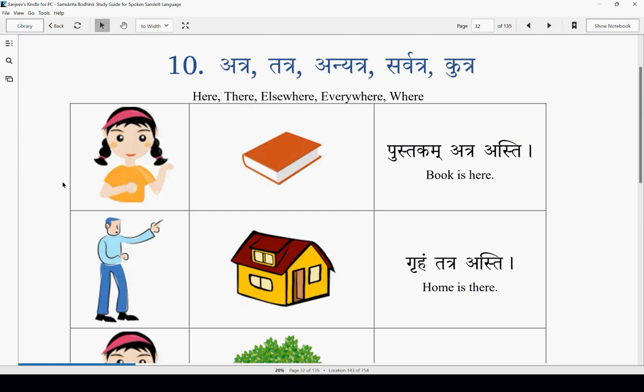Like you saw that the questions are starting with the K letter, right? Kaha, Ka, Kim, and the next one is Kutra. So using Atra and Tatra, Anyatra, Sarvatra, there are some sentences here.